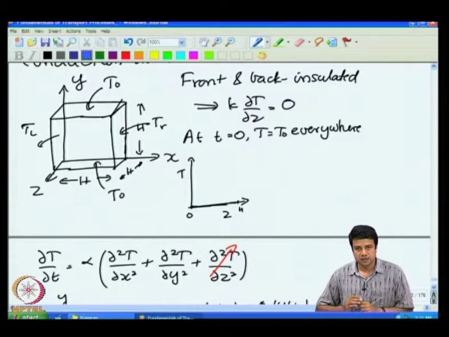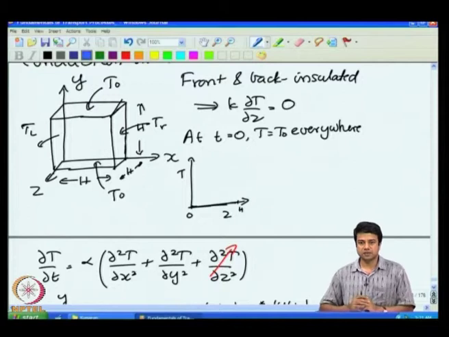In this particular case, if I postulate that the temperature is independent of z, that solution identically satisfies the flux conditions at the front and the back. Therefore, a temperature that is independent of z satisfies the differential equation and the boundary conditions as well.